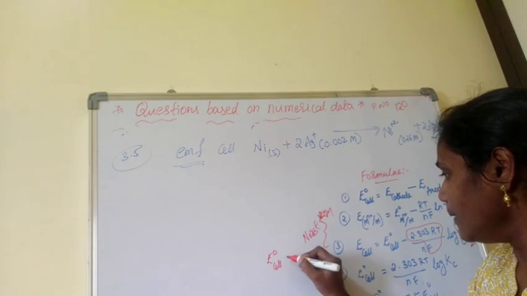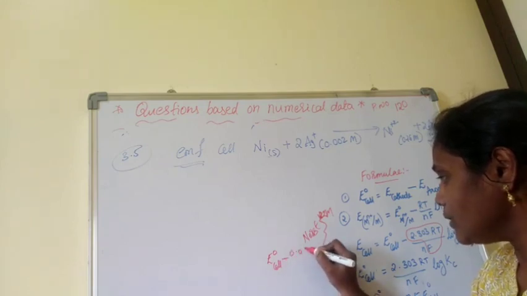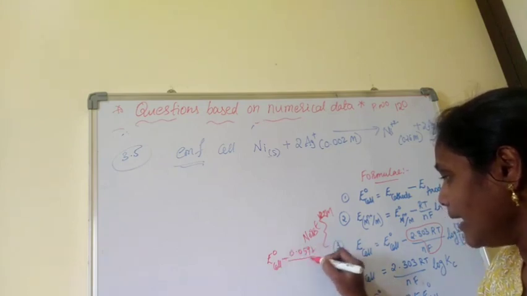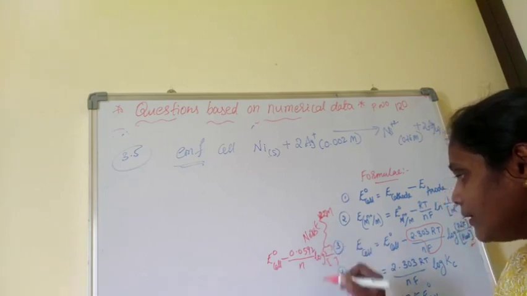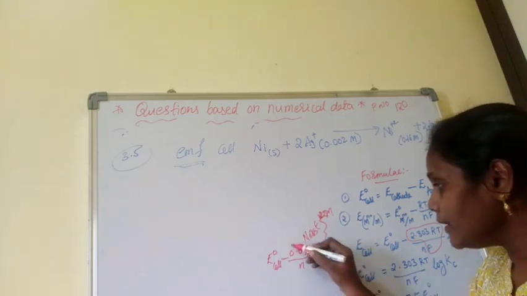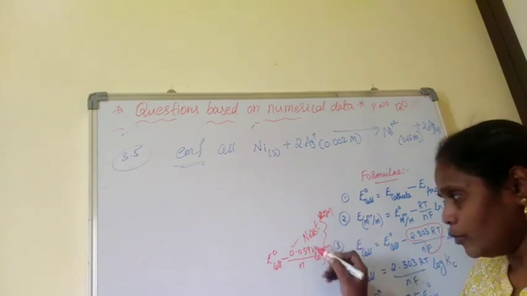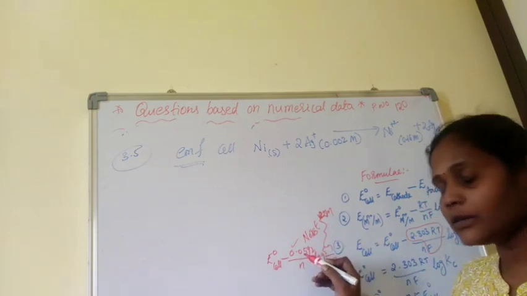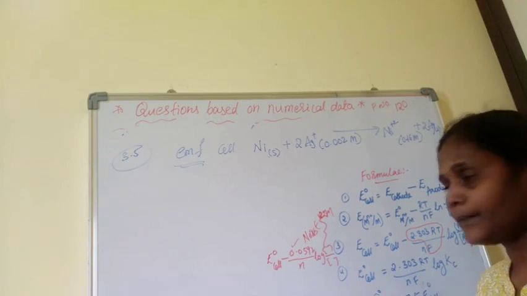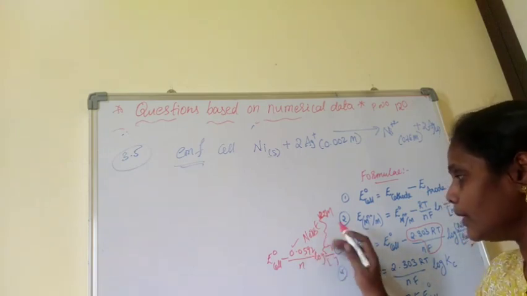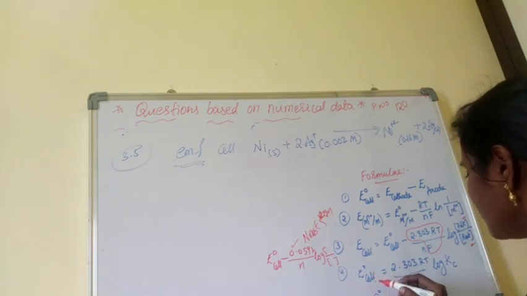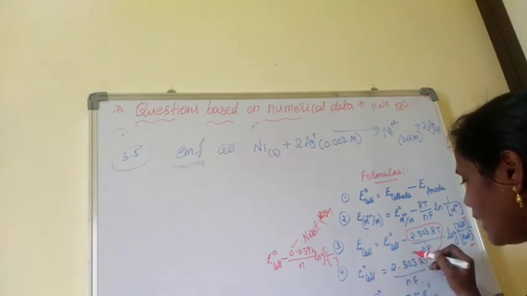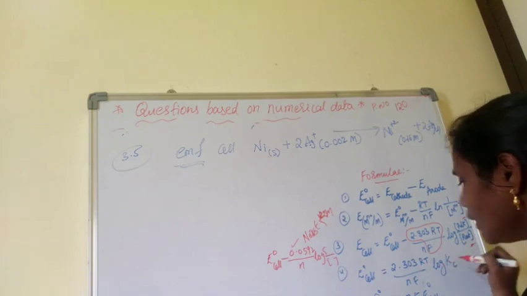E cell equals E naught cell minus 0.0592 by n log of product concentration by reactant concentration, right? Even this you can remember. I mostly use this one in derivations because we are at room temperature, 298 Kelvin. So remember this equation, okay? Then here also you can substitute: E naught equals 0.0592 by n log Kc.